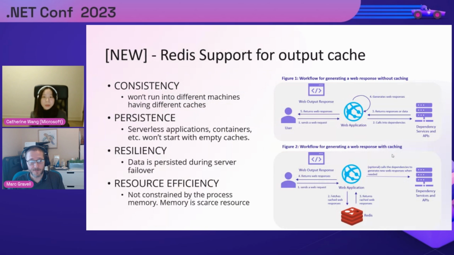Let's start with the web output cache. So what is output caching? Basically, suppose a user makes a request to your web application. The web application itself may have to call into dependency resources or APIs, and it may take extra resource on the server to generate the web response before returning the content back to the user.